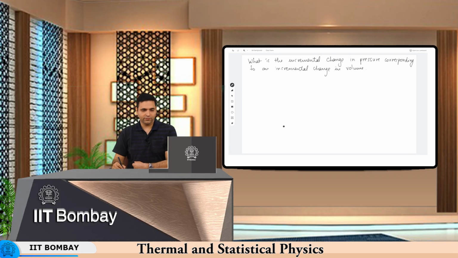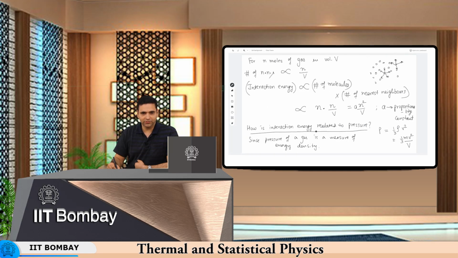So basically that will be minus d by dV of the energy, for an incremental change in volume dV. And a minus sign, because the pressure will increase if I decrease volume, so to compensate for that, I put a minus sign in front. Now we substitute the energy value from here.